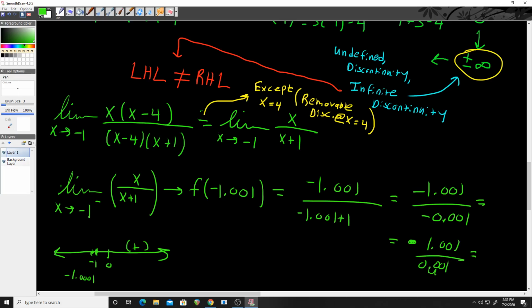And this just means you need to move the decimal place over 3 times. So 1, 2, 3. This is like 1001.